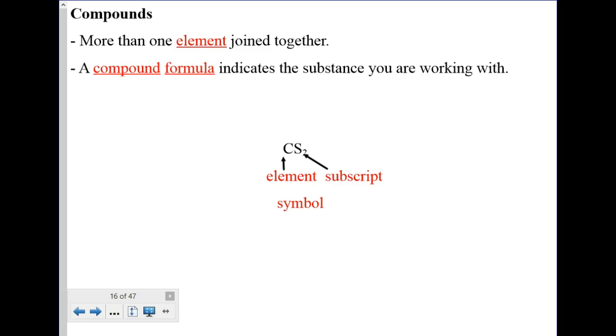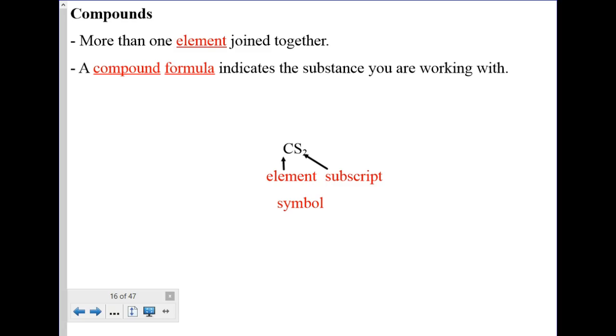When we write symbols, it is really important that we properly use capital or lowercase letters. Every time you use a capital letter, you are indicating a new element. If the formula is CS2, capital C indicates that this is carbon, capital S indicates that the next thing is sulfur.